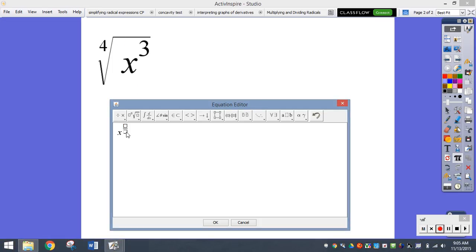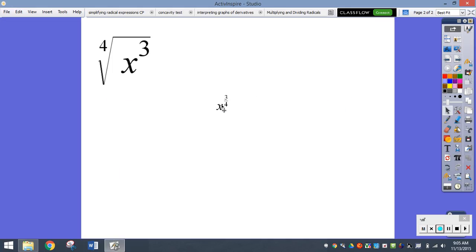My denominator of my exponent is the root, so that would be 4. And the numerator will be the exponent inside the radical, 3. So to convert from radical to exponential, I put the root in the denominator, the exponent in the numerator. Denominator root, numerator exponent.